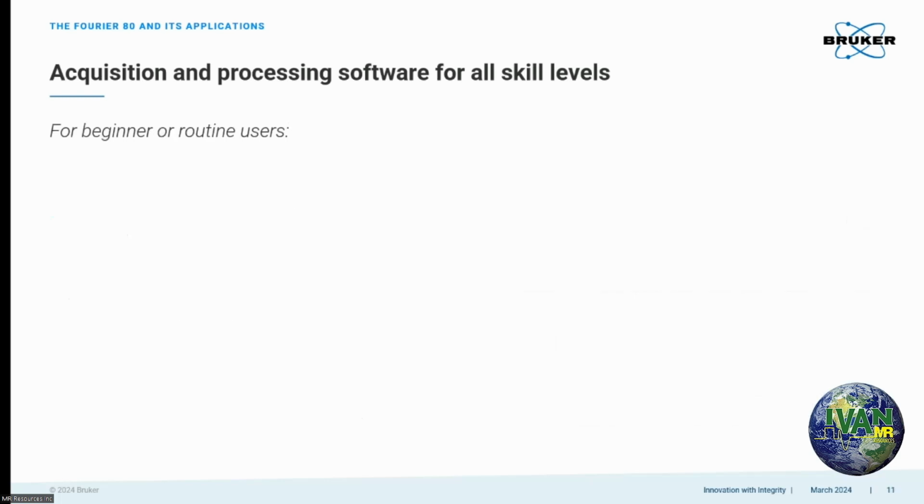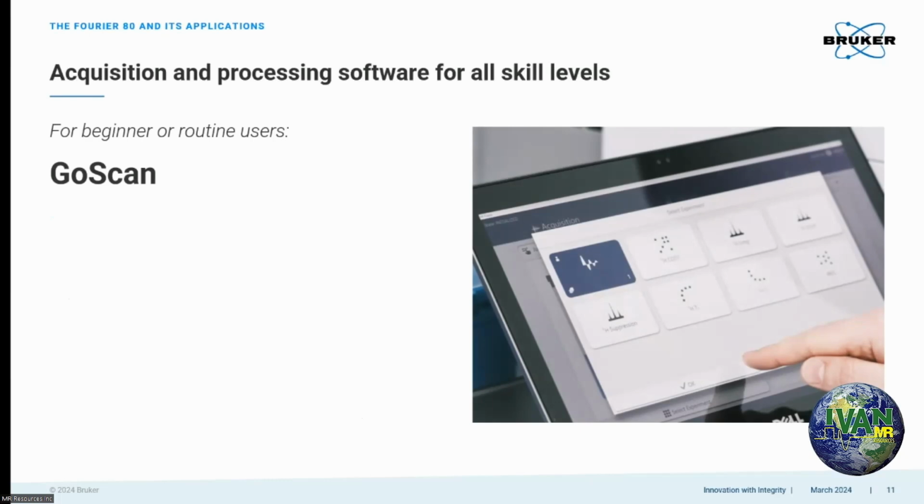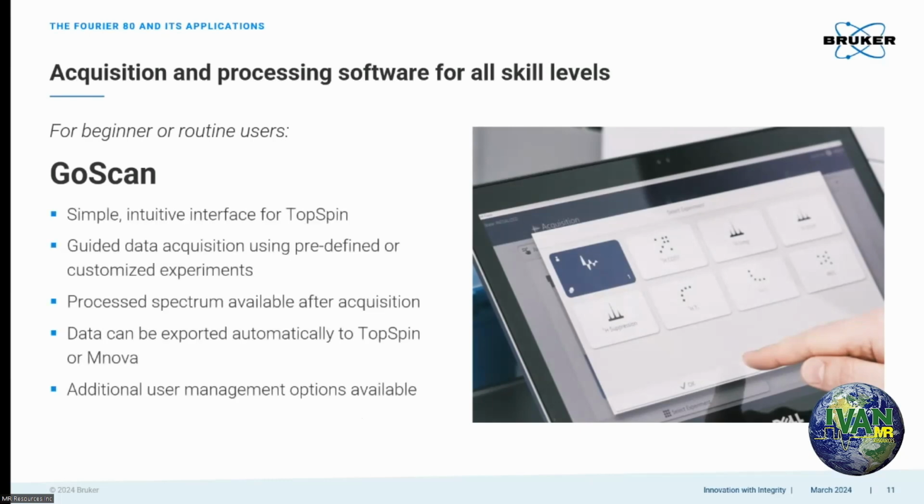For those of us who may not be quite so advanced, we have another software package, which is called GoScan. So GoScan provides a simple, intuitive interface for the Topspin environment. The user is guided through data acquisition simply by selecting or customizing an experiment and pressing go, similar to using one of your smartphone apps.